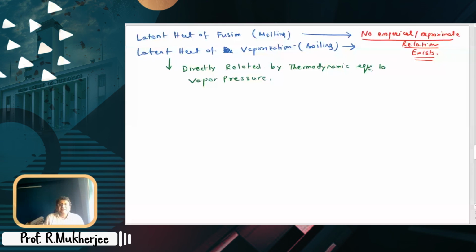And what is the equation? The equation is dP star dT. This is what is known as the Clapeyron equation. You may be knowing it, I do not know if you know it.